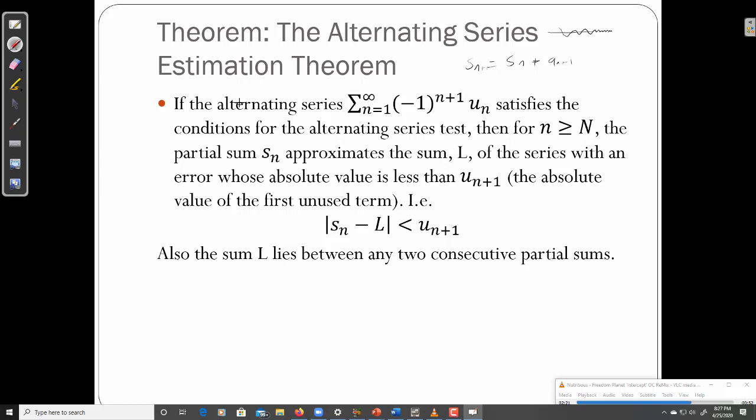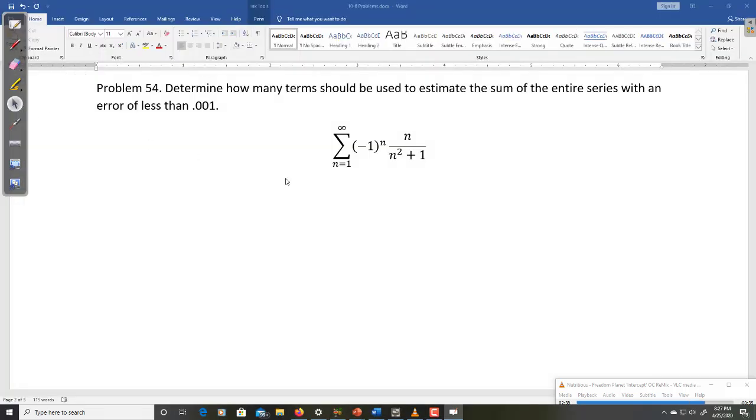Let's do an exercise. So this is problem 54 from the text. Determine how many terms should be used to estimate the sum of the entire series with an error of less than 0.001. Well, we just saw that the difference between the nth partial sum and the actual limit is less than u sub n plus 1.